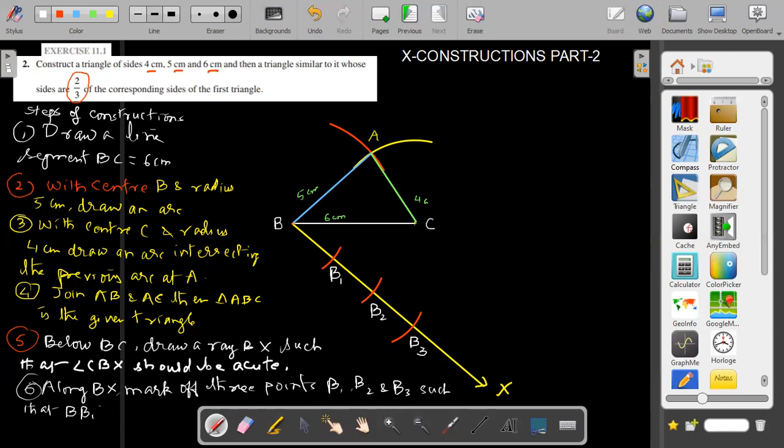B1 is equal to B1B2, is equal to B2B3. So this length should be the same. Okay.